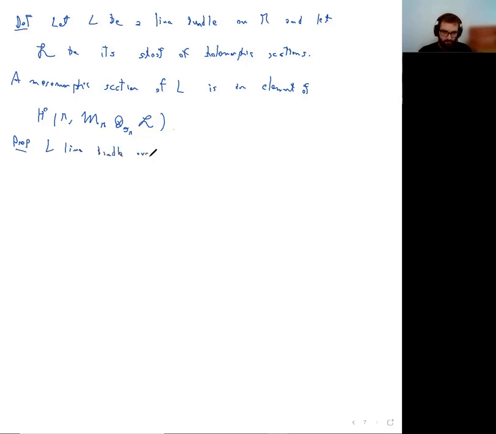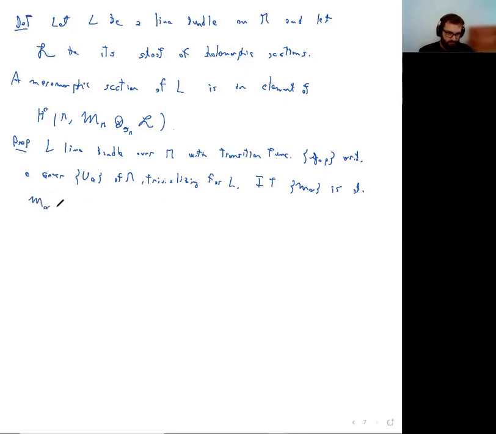So let's start with the line bundle L over M with transition functions G alpha beta with respect to a given cover, which is trivializing for L. So if the m alphas are such that they each are meromorphic functions on the respective open sets, and they satisfy what we can think of as a gluing condition.